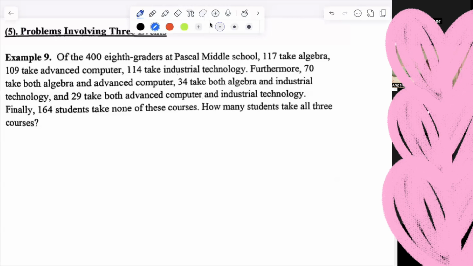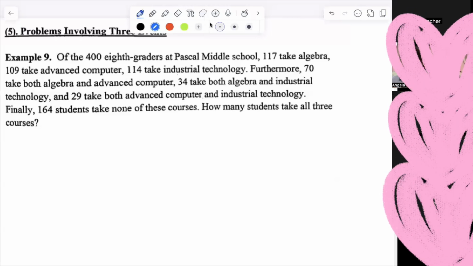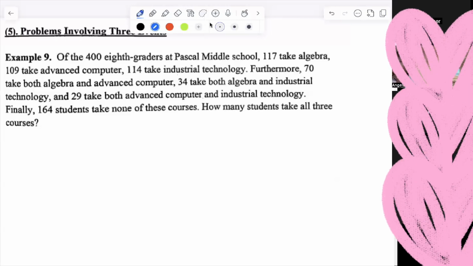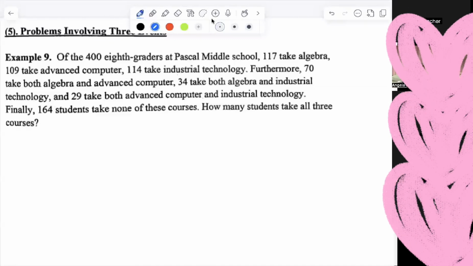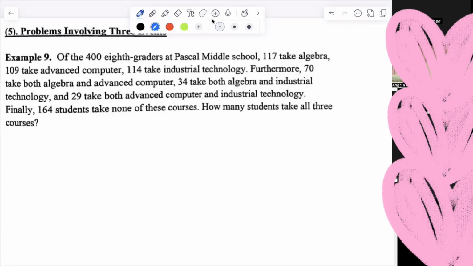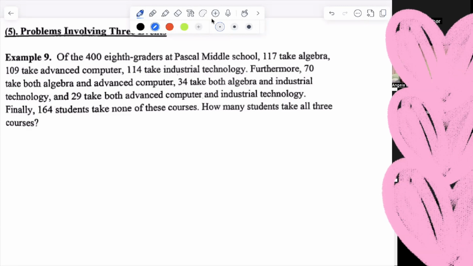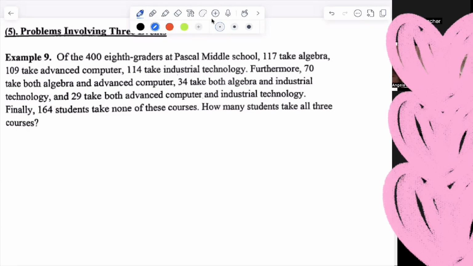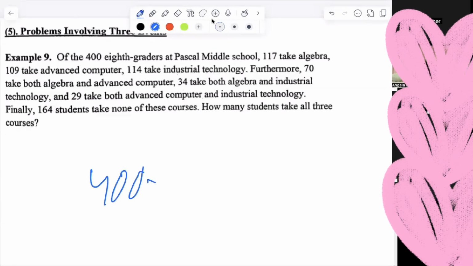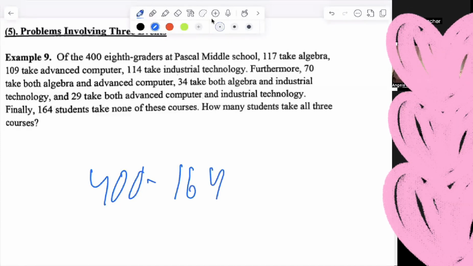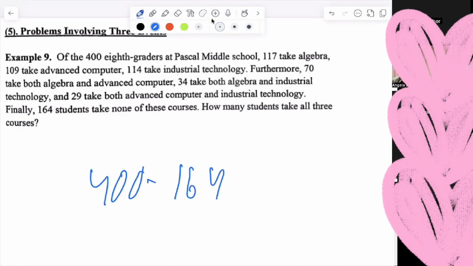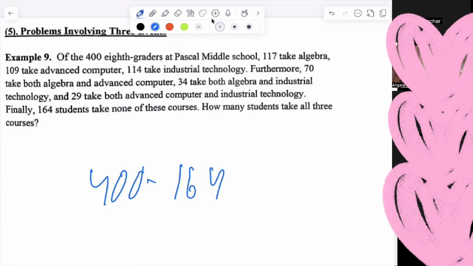All right, let's get started. So how do we approach this? We want to find how many take all three courses. Well, we know that 400 minus 164 gives us the number of eighth graders that take courses.